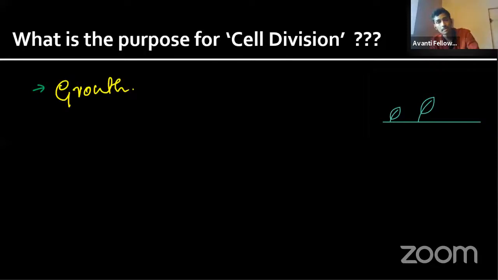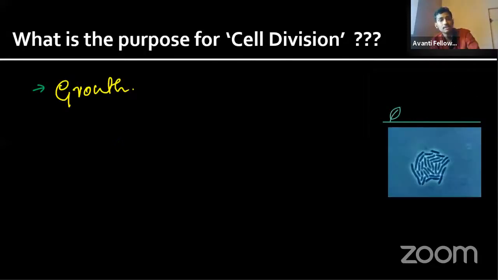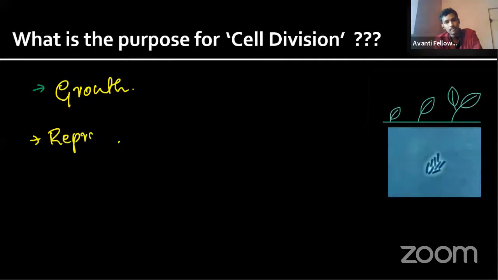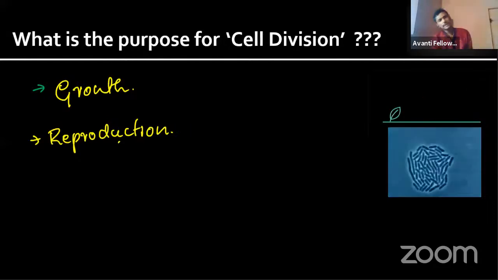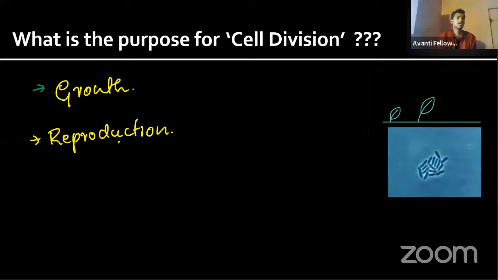What is the second purpose? The second purpose is reproduction. So what is the need for reproduction? Why do we need reproduction? Even asexual reproduction is still reproduction. Why does every individual organism have to go for reproduction?